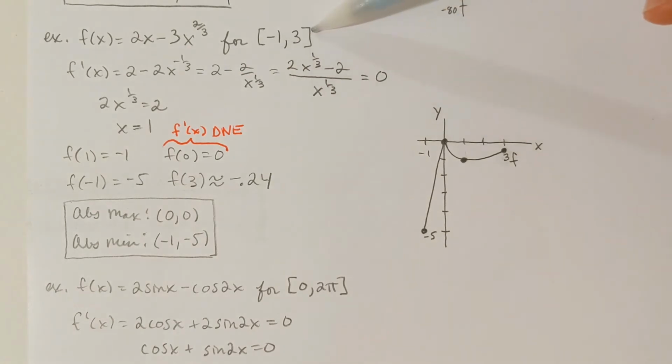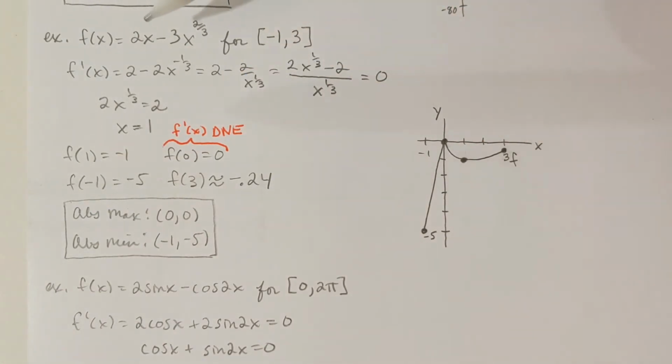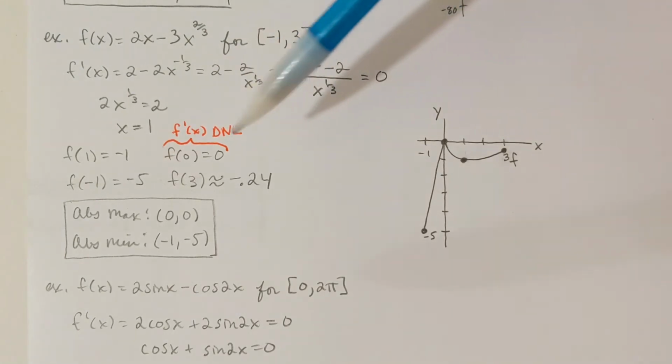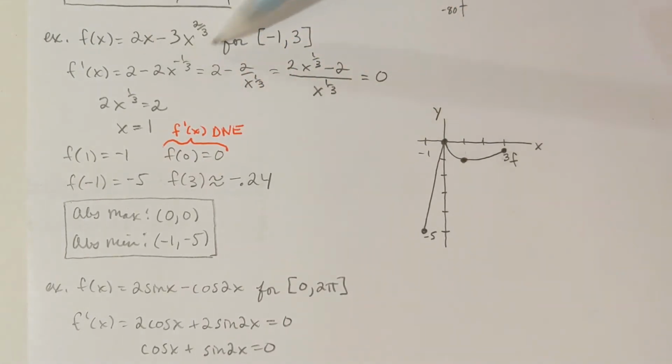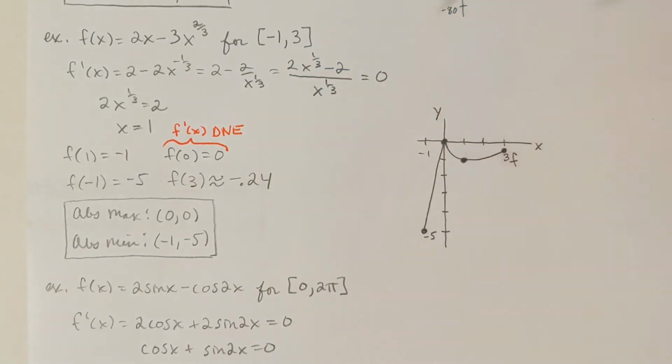And now plug in the endpoints here on the interval. f of negative 1 is negative 2, and then negative 1 to the 2/3 power: negative 1 to the 1/3 would be negative 1, square that, you get 1. So we're looking at negative 2 minus 3, which is negative 5, is the output. And then if you plug in 3 into the function, you'd need a calculator for that. I was getting roughly negative 0.24 if you go to 2 digits.